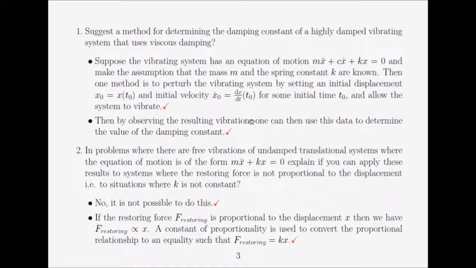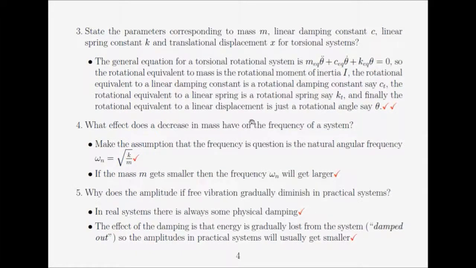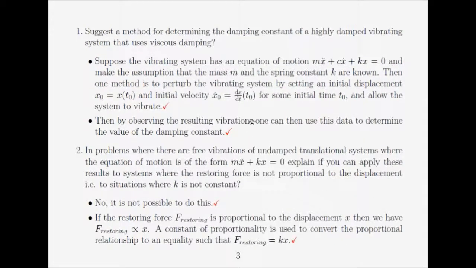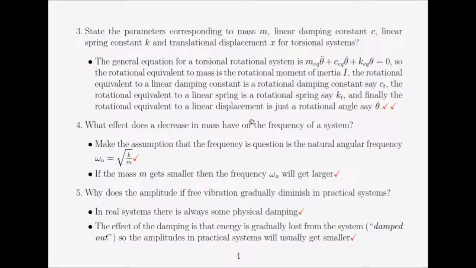So the question is basically asking, what are the analogies to that equation when we have a rotational system? We have the same basic equation: a constant times the double derivative, plus some other constant times the first derivative, plus some other constant times the x value is equal to 0. So the general equation for a torsional system will be exactly the same, it's just that x will be replaced by theta.